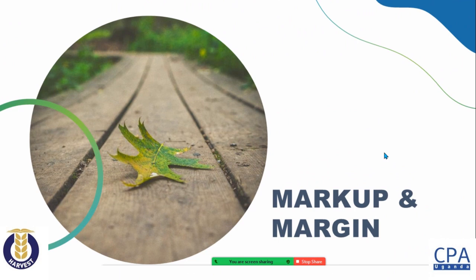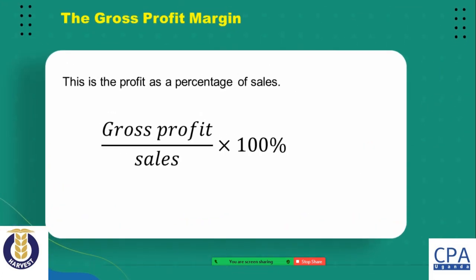Now, when you talk about cost of sales, gross profit and all that, you might need to apply the markup and margin ratios. To start with, we have the gross profit margin. When you talk about the gross profit margin, we are talking about profit as a percentage of sales.